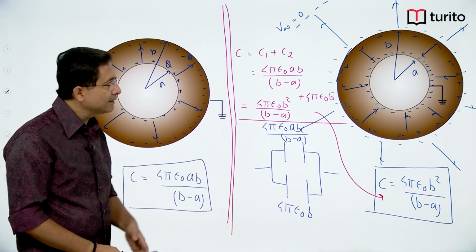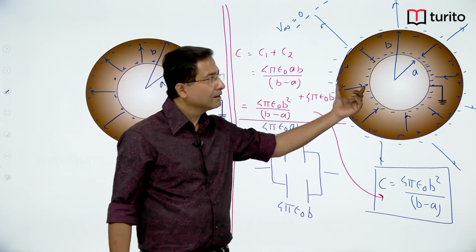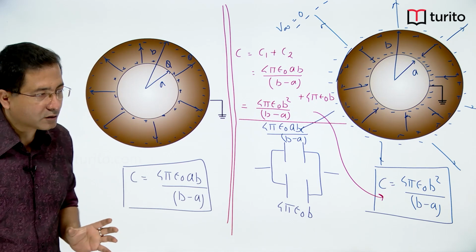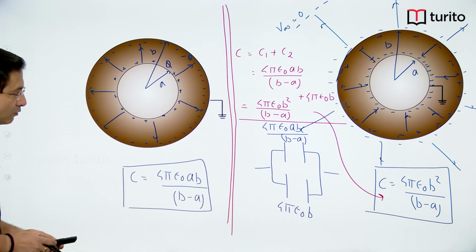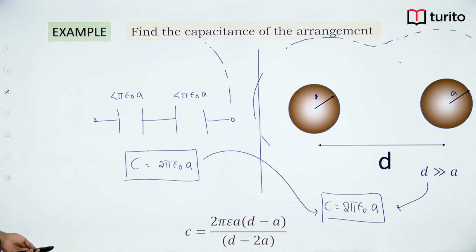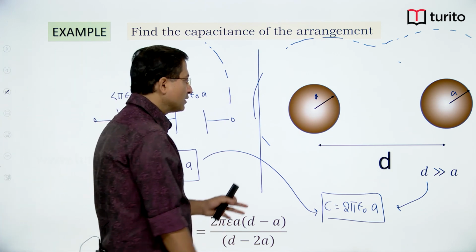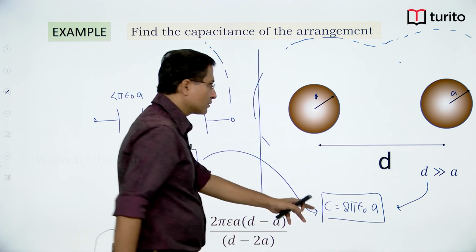Here we are directly getting this result by simple logic of which two capacitors will be in series combination or parallel combination. So, I hope all these are clear. In the first case they were in series combination, we got this formula.